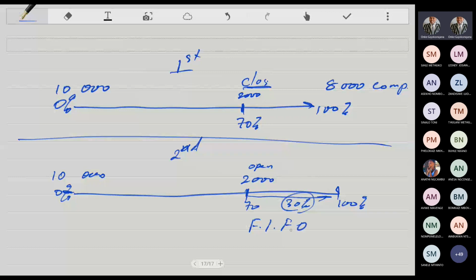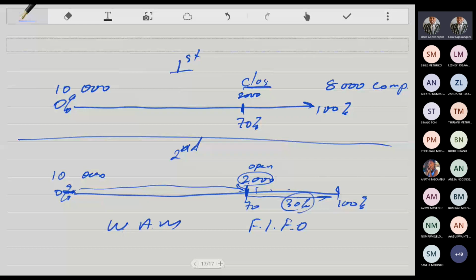But one can argue again, how about starting with this 10,000 units sitting at 0 until they also reach 70%, and we add the 2,000 and we've got a total of 12,000 from 71% onwards. That is also accepted and we call it the weighted average method. Those are the two methods that we've talked about.